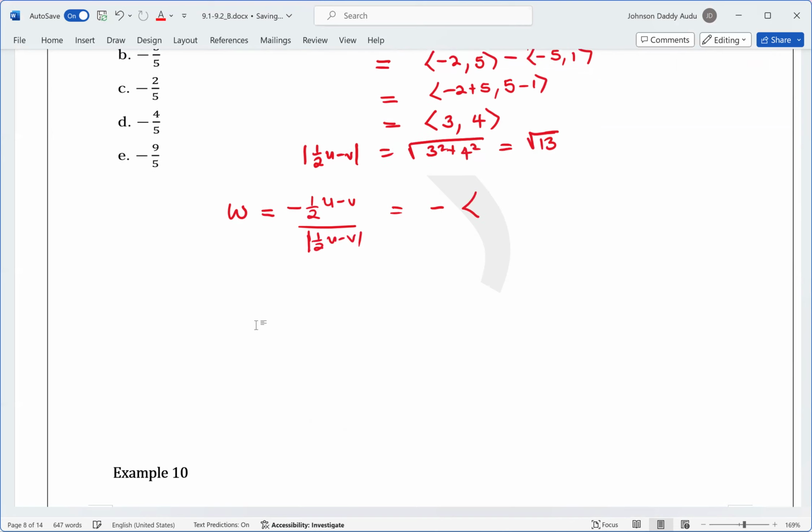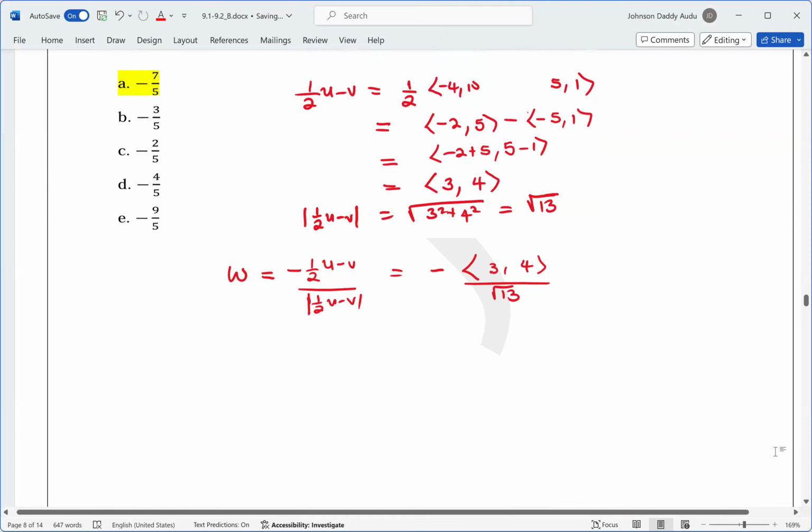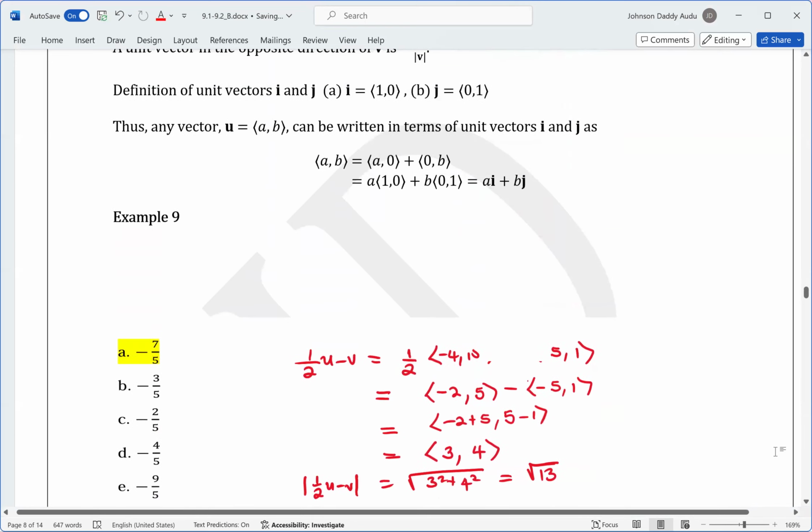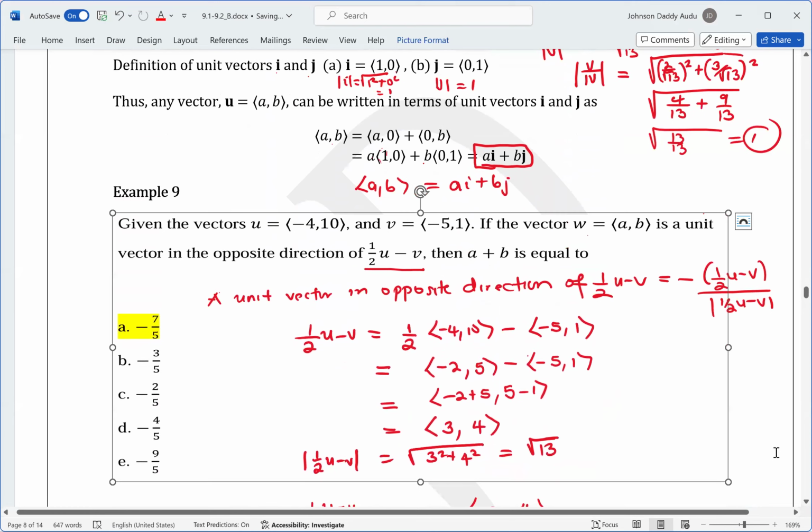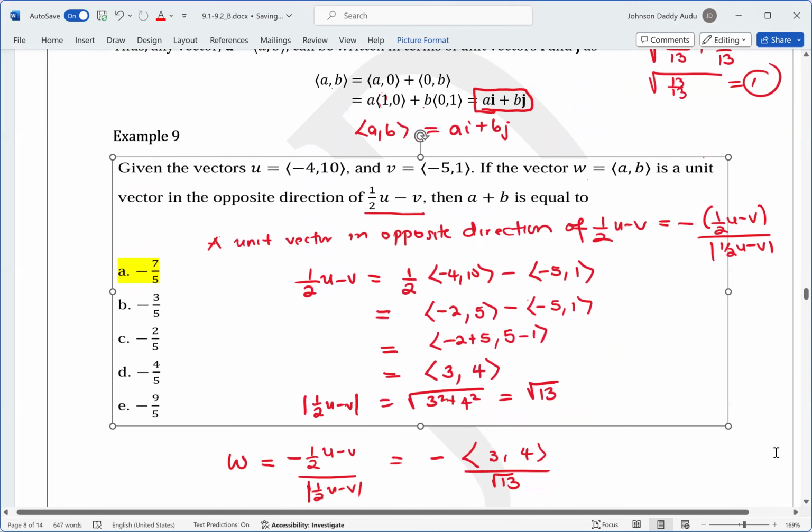This vector is 3, 4 divided by root of 13. Okay. Now let's see in the opposite direction, right? Okay. So what can we say about this one?